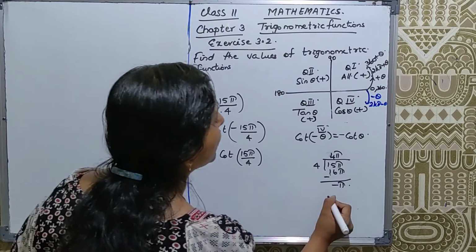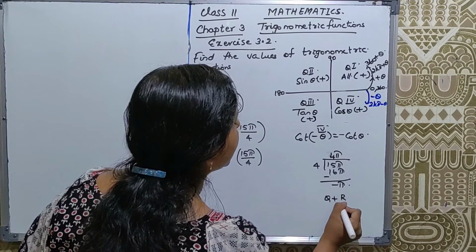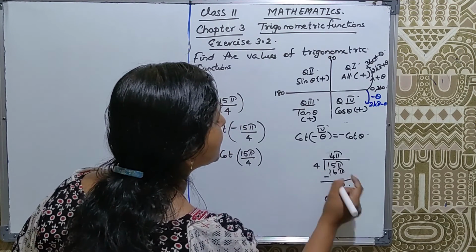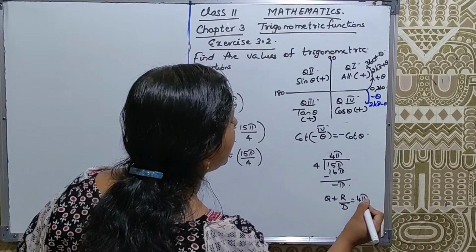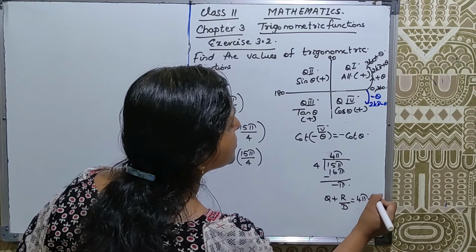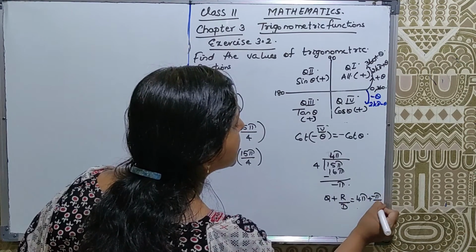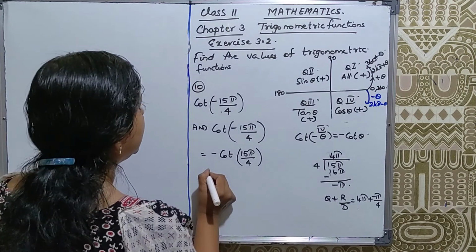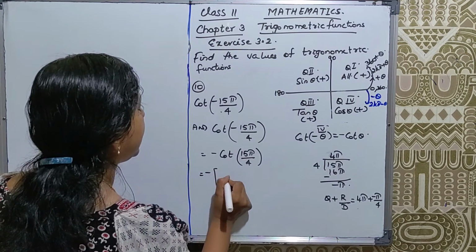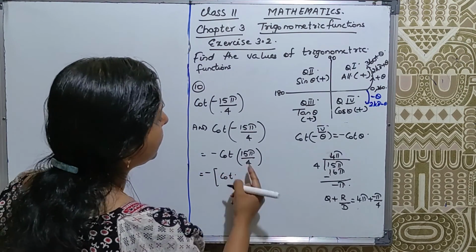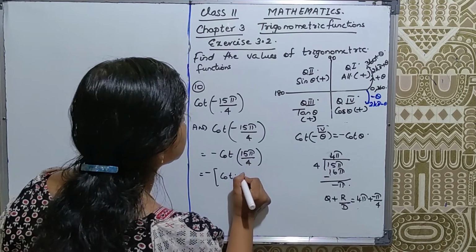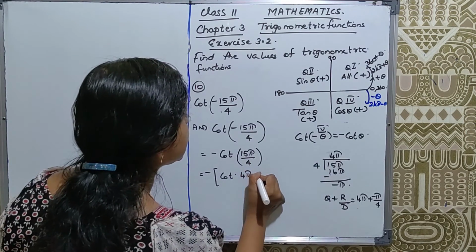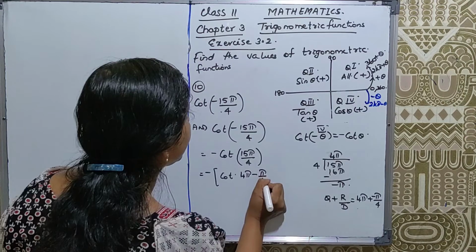So here again we'll do quotient plus remainder by divisor. Quotient is 4π plus remainder is minus π by divisor 4. So the minus sign is still outside. 15π/4 I'll write as 4π minus π/4.